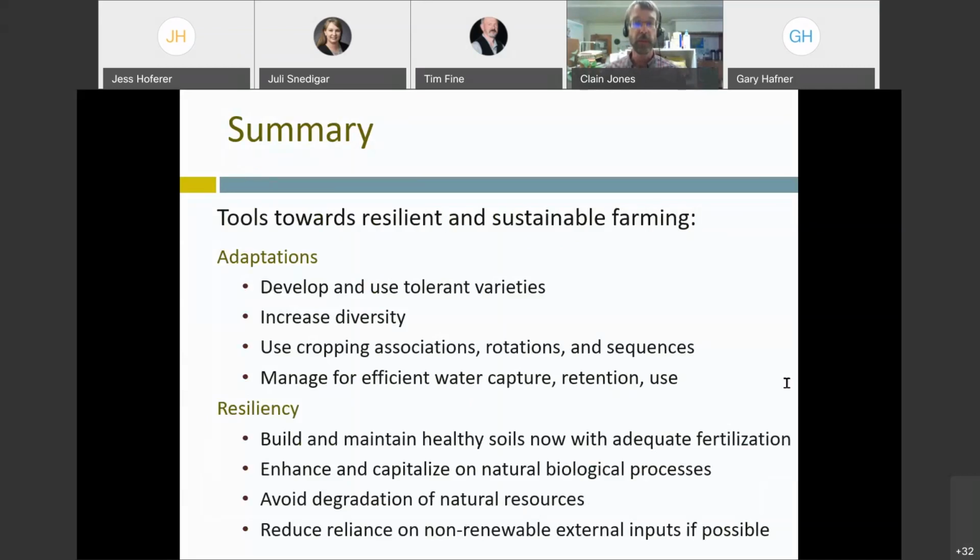Building resiliency would mean building and maintaining healthy soils now with adequate fertilization, enhancing and capitalizing on natural biological processes, avoiding degradation of natural resources, and reducing reliance when possible on non-renewable inputs.